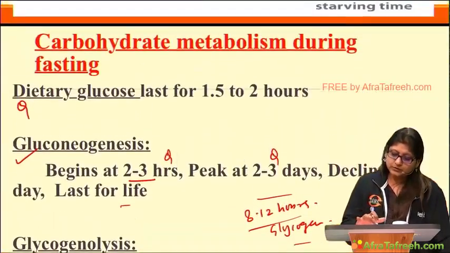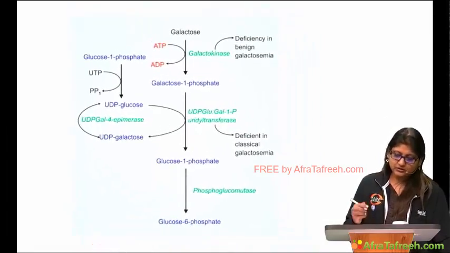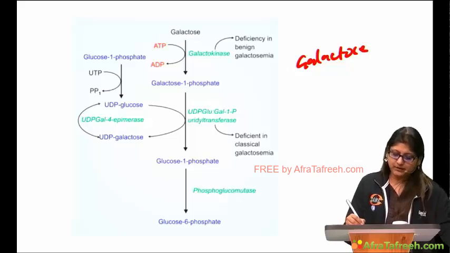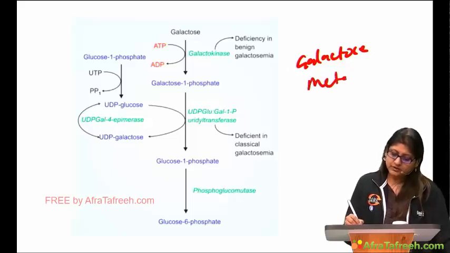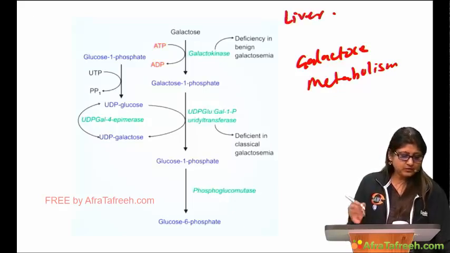Now coming to the next page, which is talking to you about galactose metabolism. Do you find this picture? Galactose metabolism, a very small, cute and interesting pathway, which is metabolizing galactose, and this pathway is seen only in the liver, you must know.